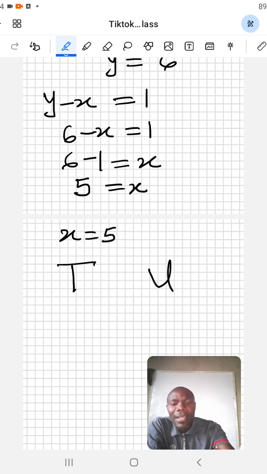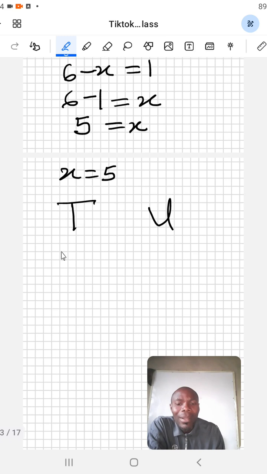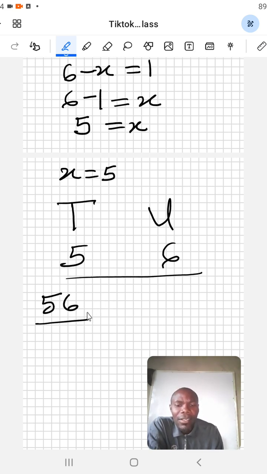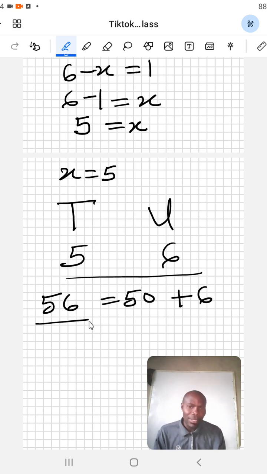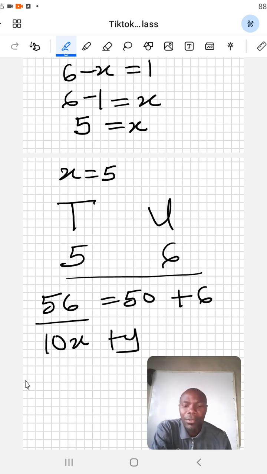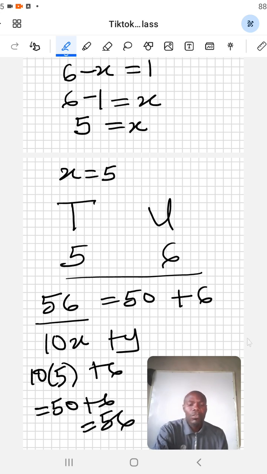Our tens digit is 5, and our unit digit, which is y, is 6. The answer is 56, which we can rewrite as 50 plus 6. From the question, the unit digit is greater than the tens digit. The real number is 10x plus y, so putting 5 in for x and 6 in for y, we have 50 plus 6, which is equal to 56. So that is the value.